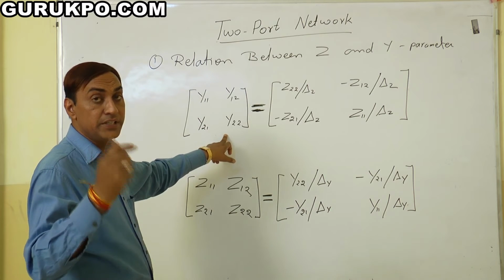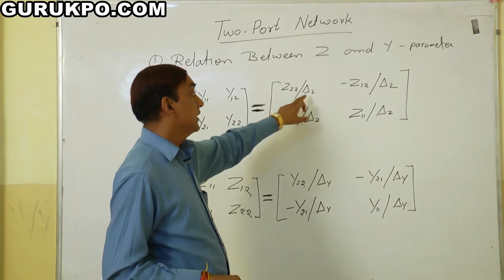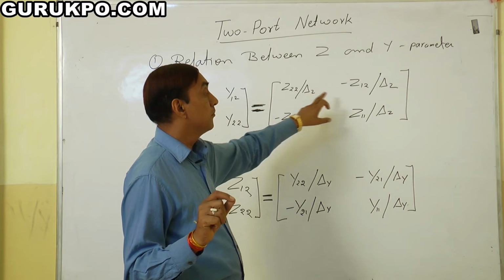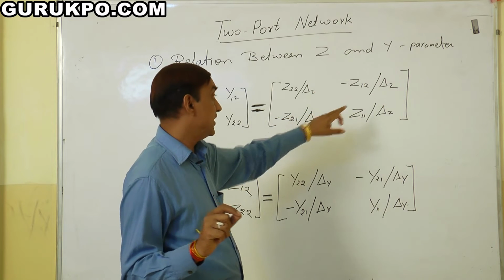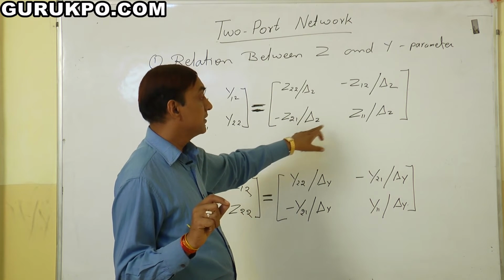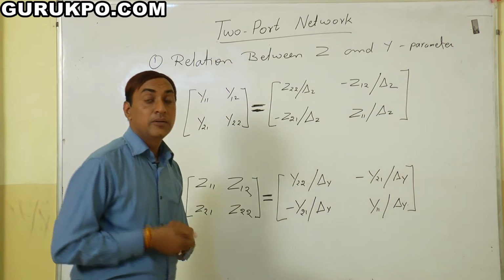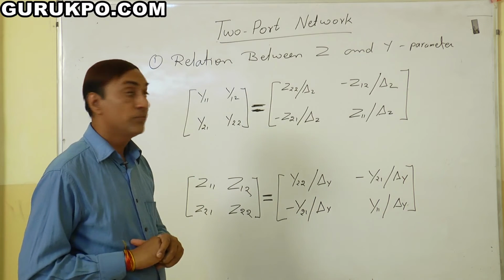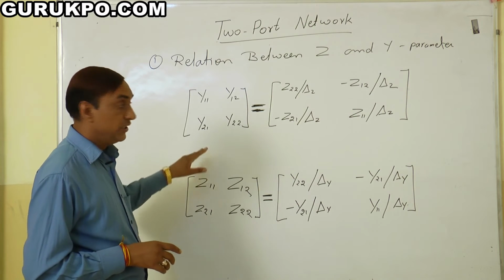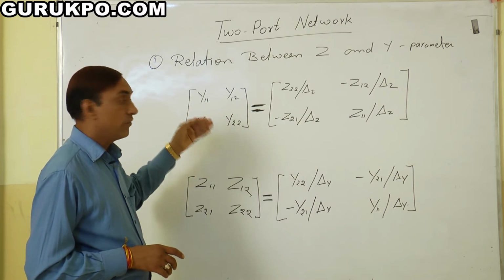These Y parameters are obtained from Z: Z22 over del Z, minus Z12 over del Z, minus Z21 over del Z, Z11 over del Z. Del Z is the determinant of the Z matrix. So with this matrix form, the Z parameters can be converted into Y.